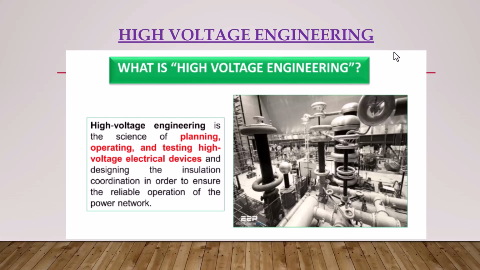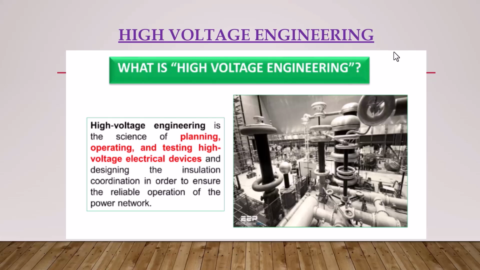At its core, high voltage engineering is concerned with how to plan, operate, and test equipment like insulators, circuit breakers, transformers, and surge arresters, all of which are designed to function reliably under extreme electrical stress.